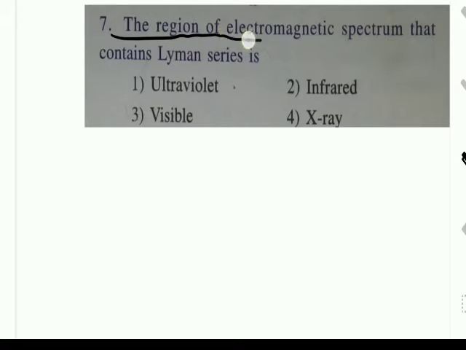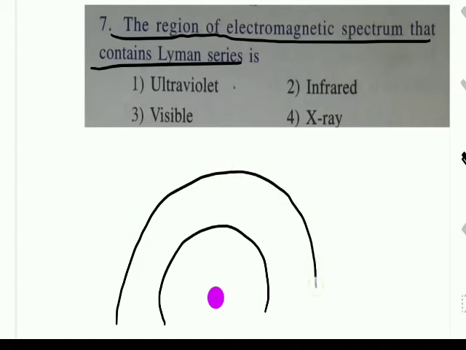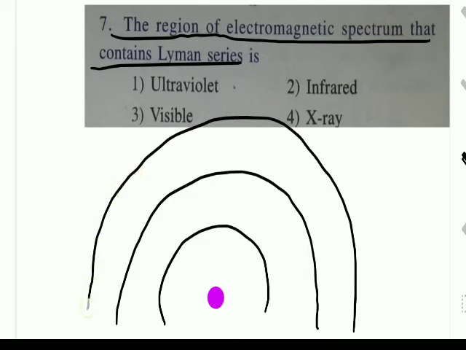The region of the electromagnetic spectrum that contains the Lyman series is? So, it is an atom. This is the first orbit, the second orbit, third orbit, and so on.